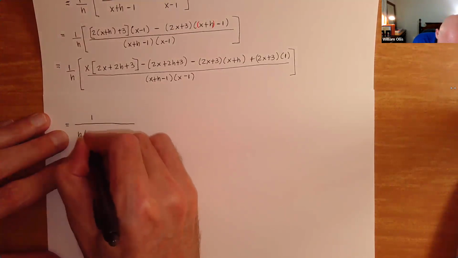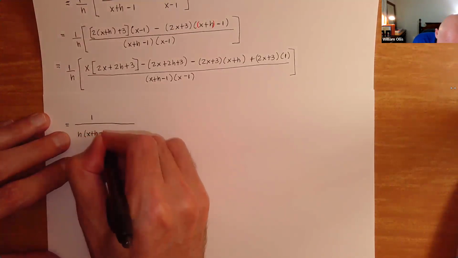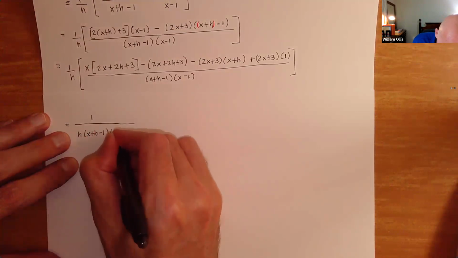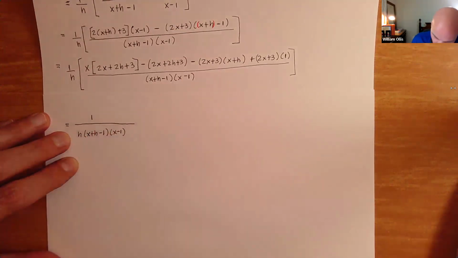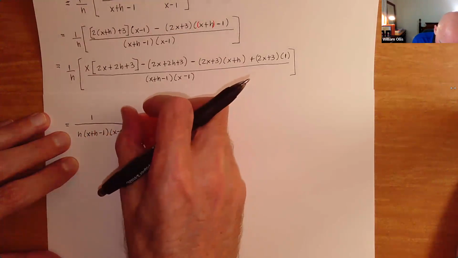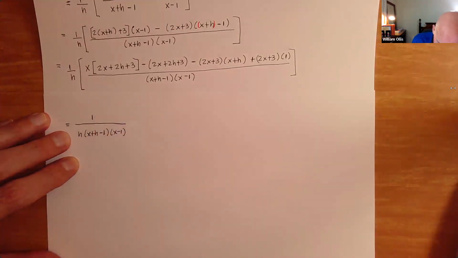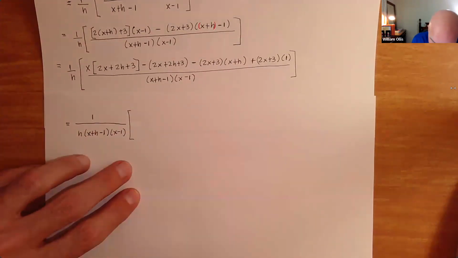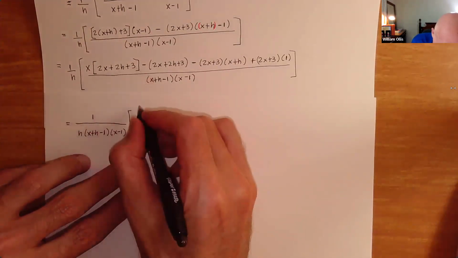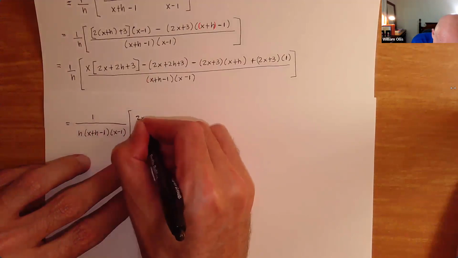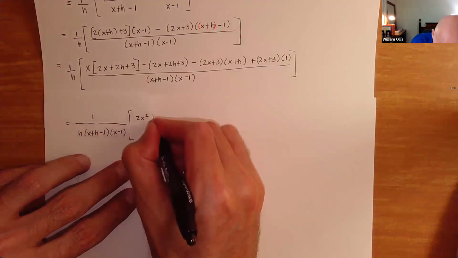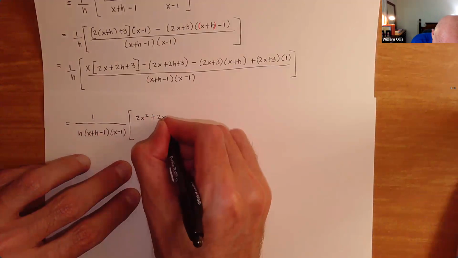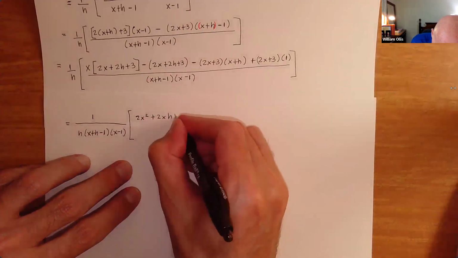We have x plus h minus 1 times x minus 1. We'll just move that right there. That way we don't have to keep writing a long fraction bar, which is really kind of wasteful. So now let's see what we have here. We've got x times all of these. So we have 2x squared plus 2xh plus 3x.